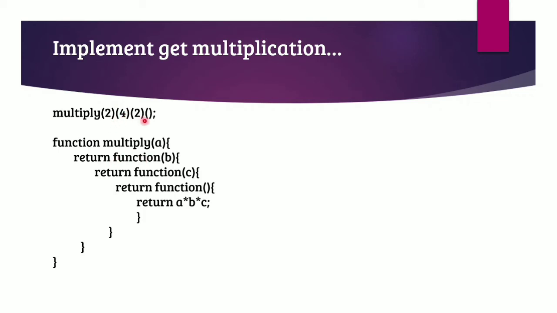As there are 4 parentheses, the first function will take the first parameter, the second function will take one more parameter, the third function will take one more parameter and the fourth function will take nothing, because in our question there is nothing. And there only we will return the value of a, b and c as we have got all the arguments needed by us here. With this, this particular answer will be completed.